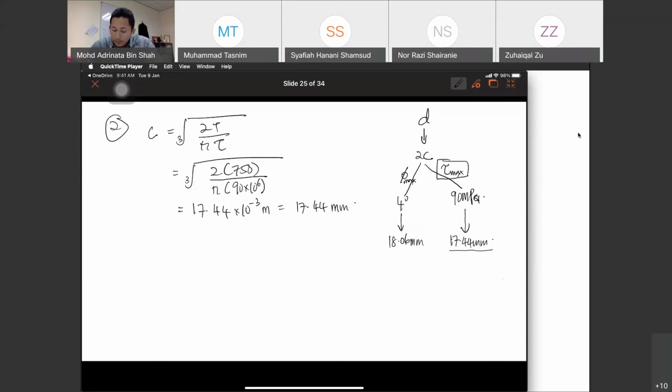Then from this one, C, you try to calculate phi equals TL over JG.